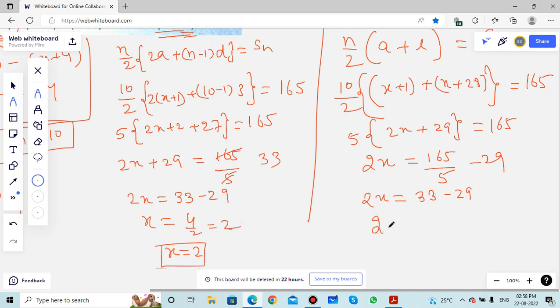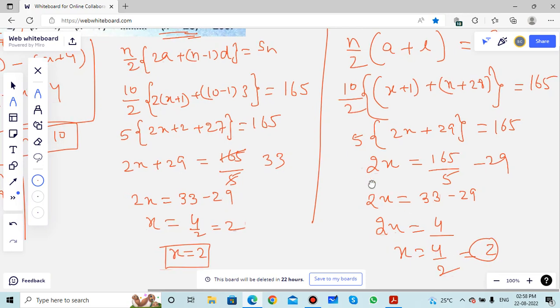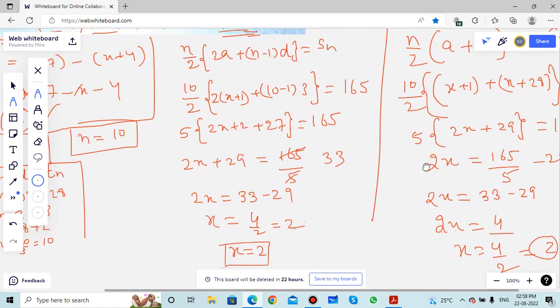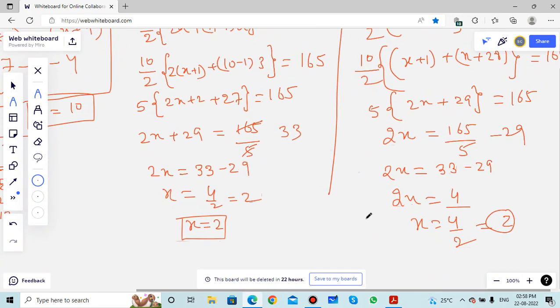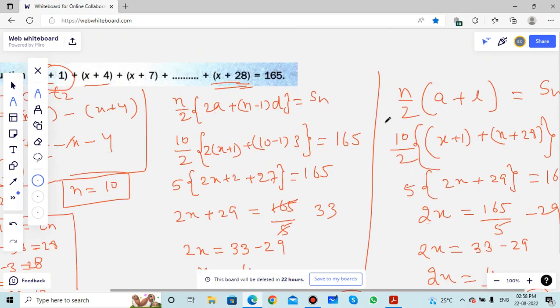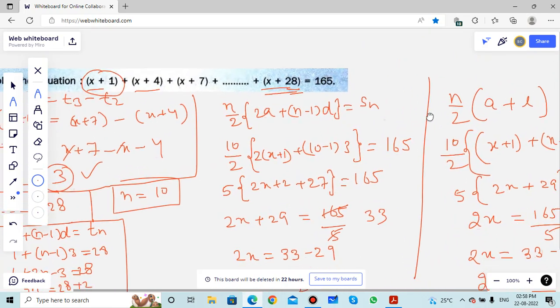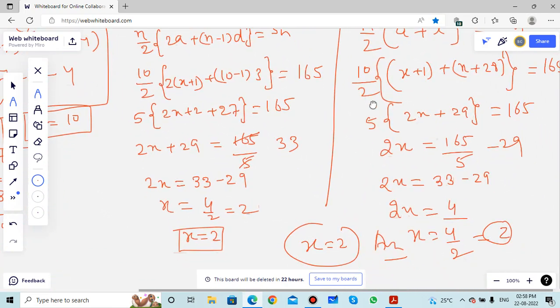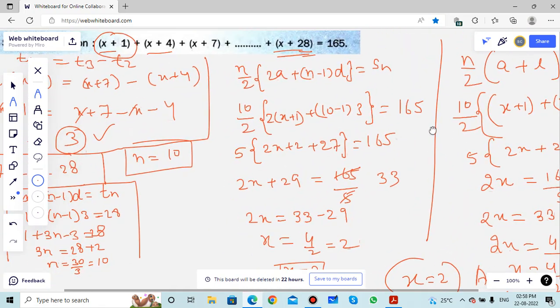Okay, so 2x is equal to 4, right? And x is equal to 4 upon 2, which is equal to 2. So what is the value of x? X is 2 in it. So solve for x, we have got the value of x is 2. And this is an answer here. Okay, fine. I was getting some minus answer, and anyway. So answer for this one is 2 here.